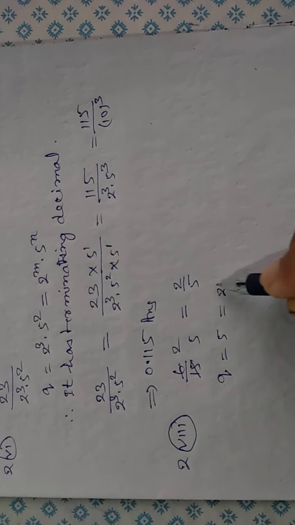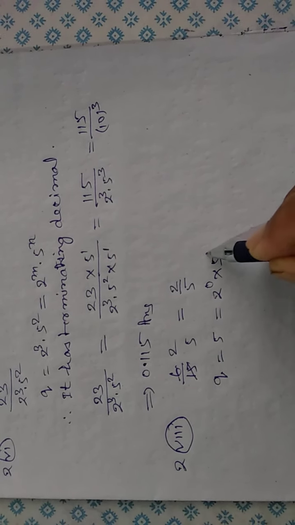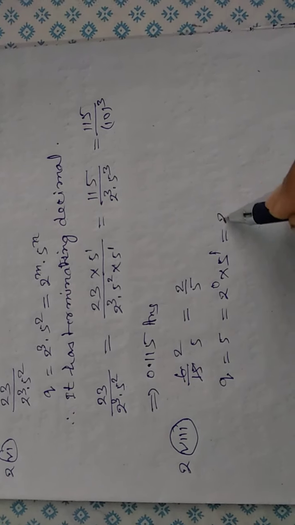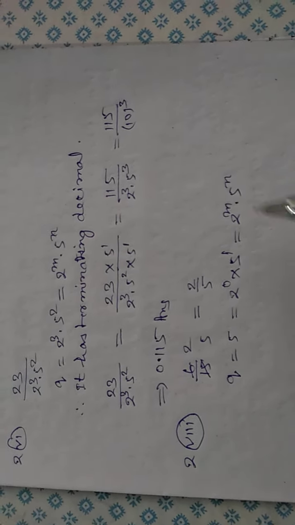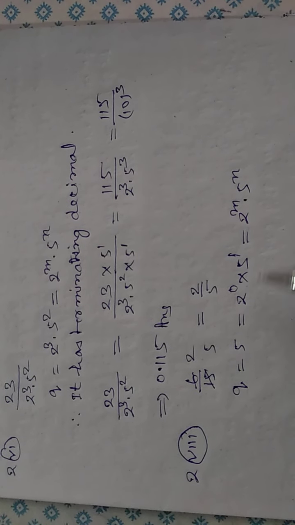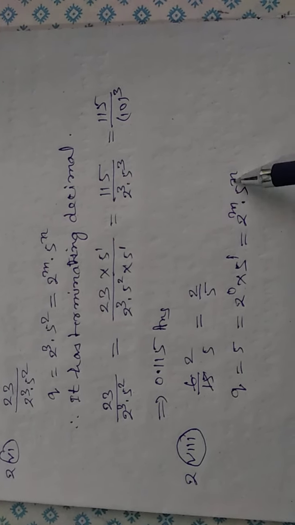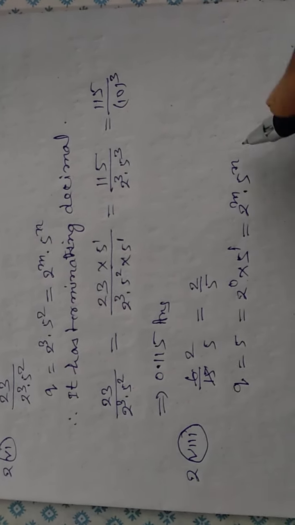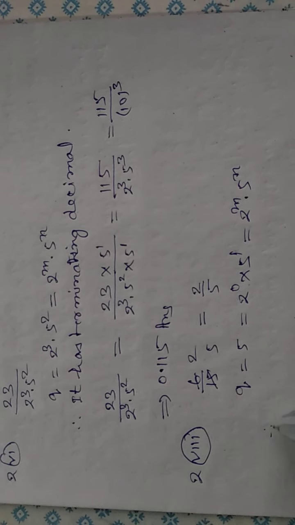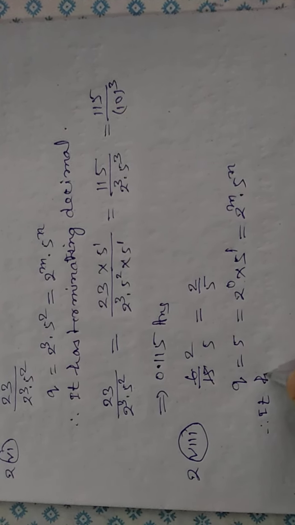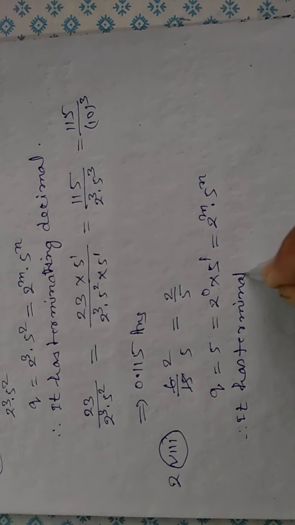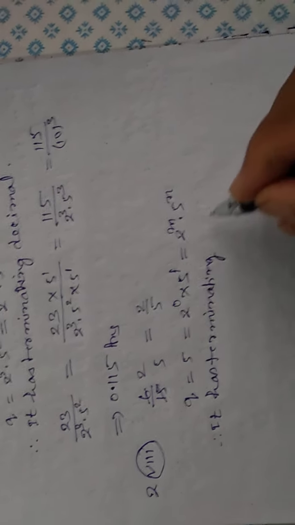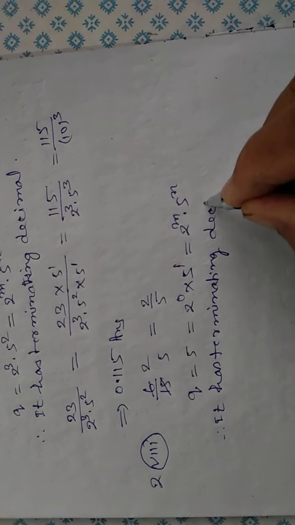You can write it as 2 power 0 into 5 power 1, which is of the form 2 power m into 5 power n in its prime factors. m is 0, n is equal to 1, and it has terminating decimal. Therefore, it has terminating decimal.